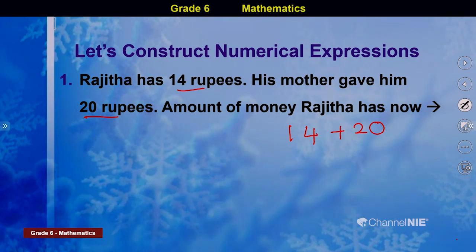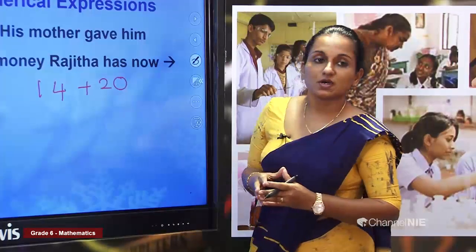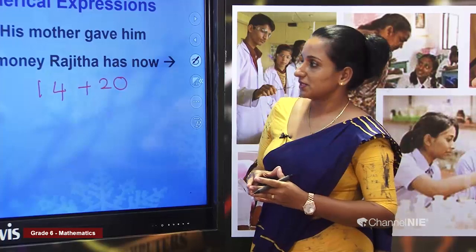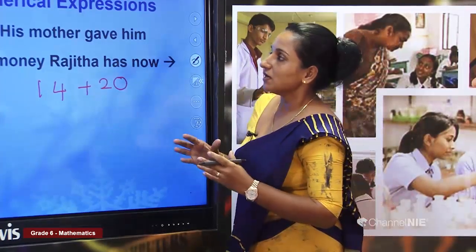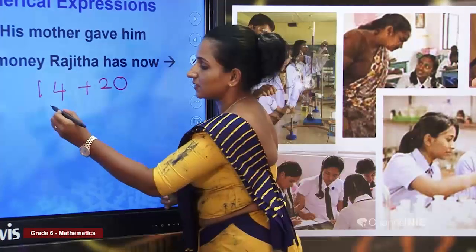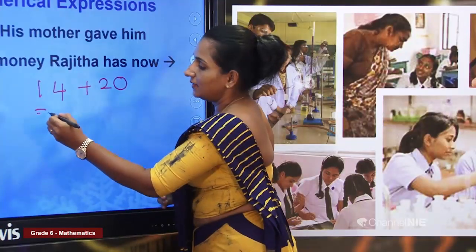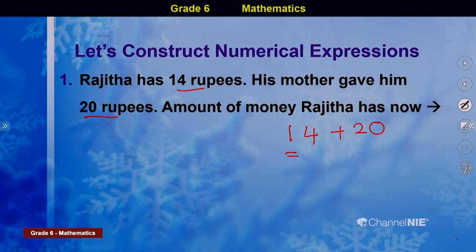We can simplify a numerical expression further. When we add these two, we get 34. Then the amount of money Rajitha has now is 34 rupees.